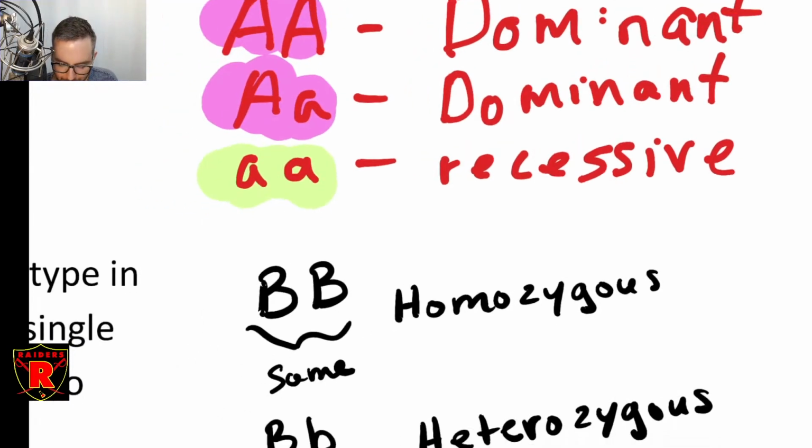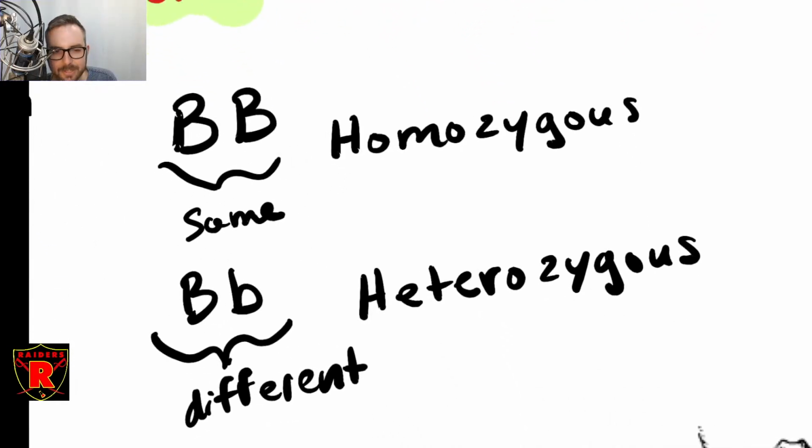If you are heterozygous, prefix hetero, like heterogeneous mixture, hetero just means different, and so heterozygous means that the two alleles are not the same. So you'll see this terminology come up a whole bunch. I will mention it. But homozygous just means they're both the same, and heterozygous means that they're different.